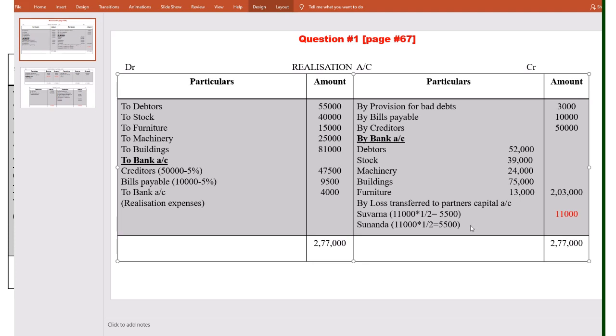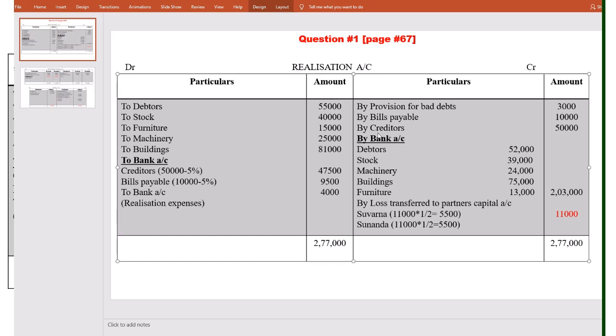Now just summarizing this problem, just listen carefully. First thing, you have to take all the assets on the debit side. Whatever assets are given in the balance sheet, all of them will appear here except cash and PDD. Leave those two items and write all the other assets here. Next, in the credit side, take all the liabilities given in the balance sheet except partners loan.